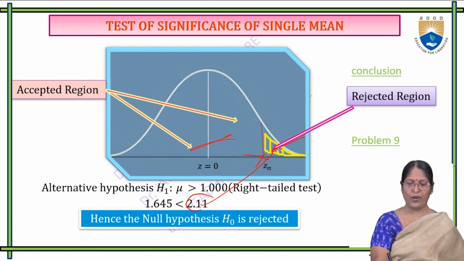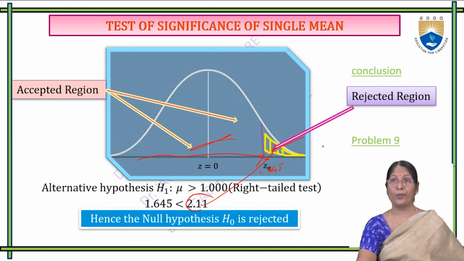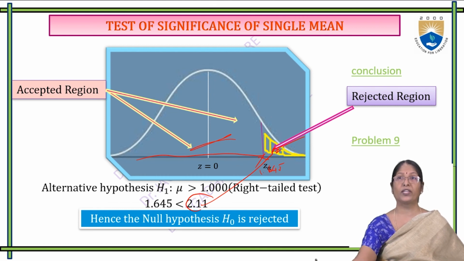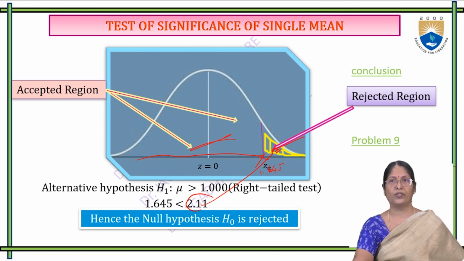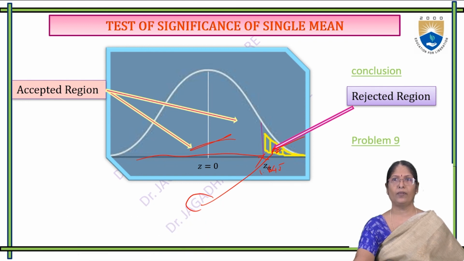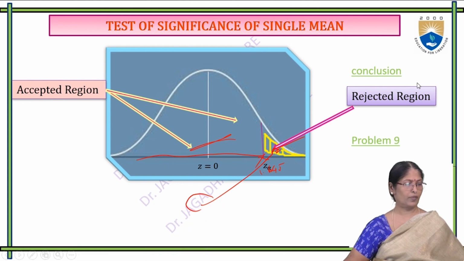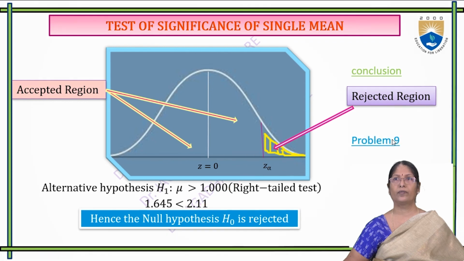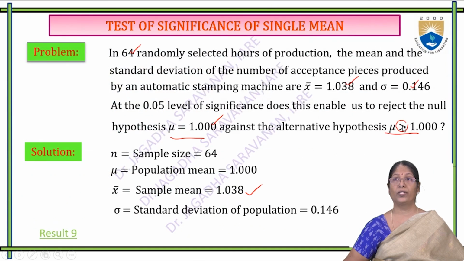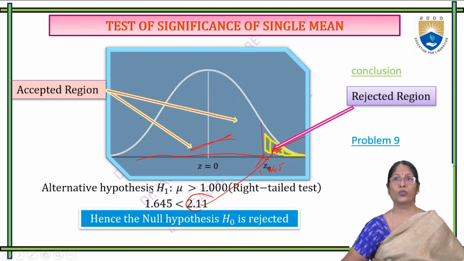This is the completely accepted region, and this critical value is 1.645. But ours is 2.11, it falls here, so it is rejected. Because of this greater than symbol, we select the right tail.